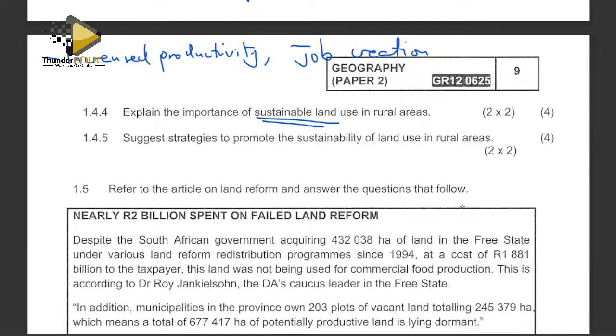Some jobs are created while we are implementing sustainable measures to use our land. Also, it ensures soil conservation, because we use methods which are environmentally friendly and do not harm the soil. So it conserves the soil. And we can also talk of water management.